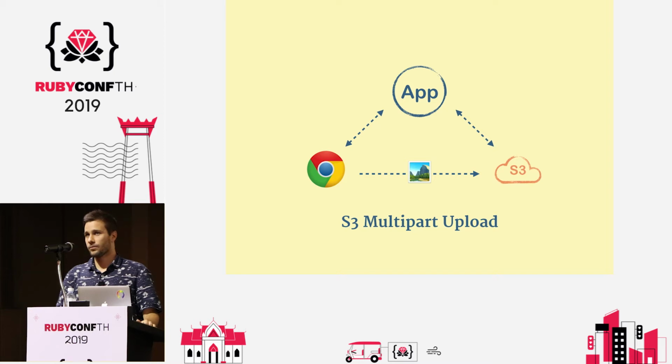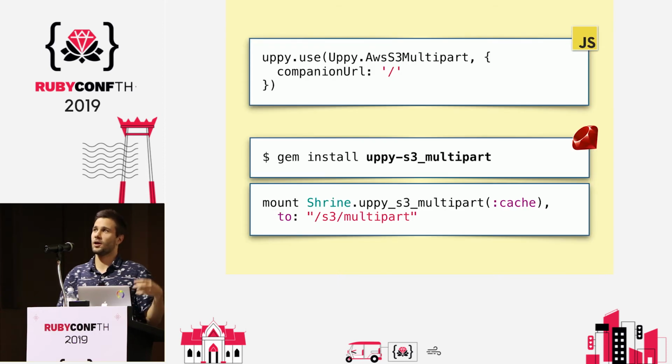The easiest solution is to do direct uploads to S3, but use its multipart upload API. This way, the application still needs to serve some requests to the client, but the upload goes directly to the cloud service.